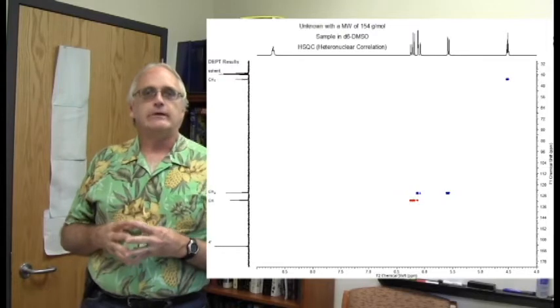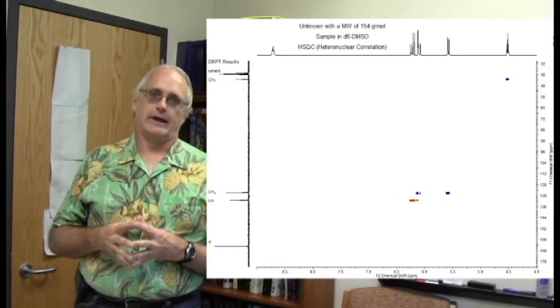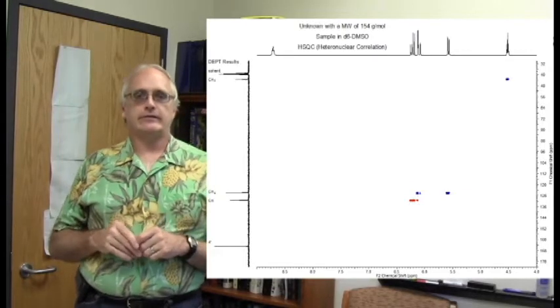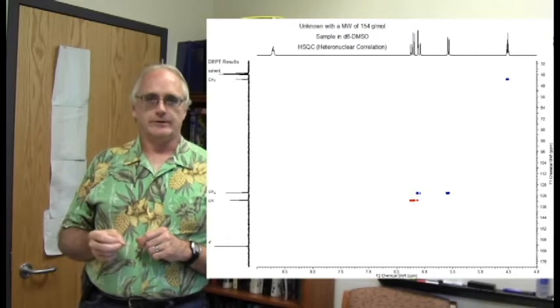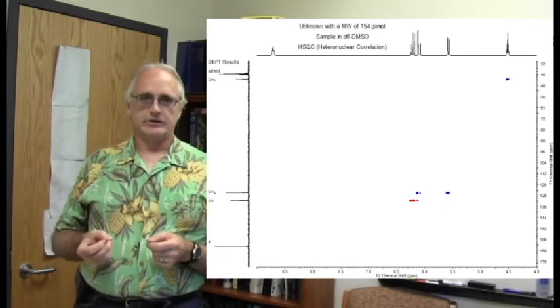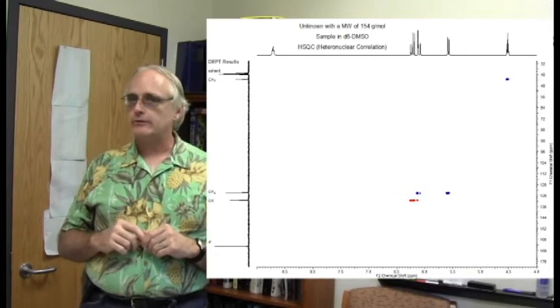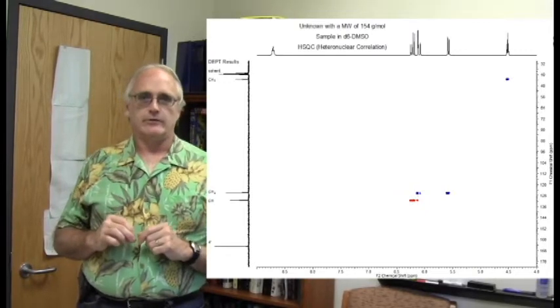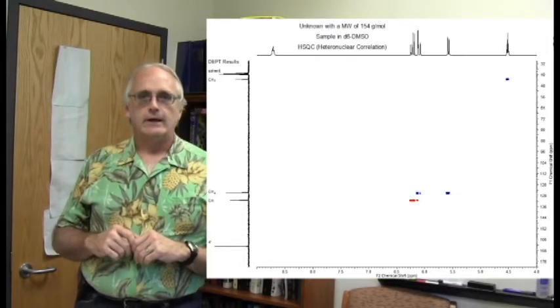And in between you see spots. And the spots tell us the following information. Technically they tell us which protons are coupled to which carbons by the large direct 1-bond, approximately 130 Hertz, coupling constant between a carbon-13 and a proton attached to it.